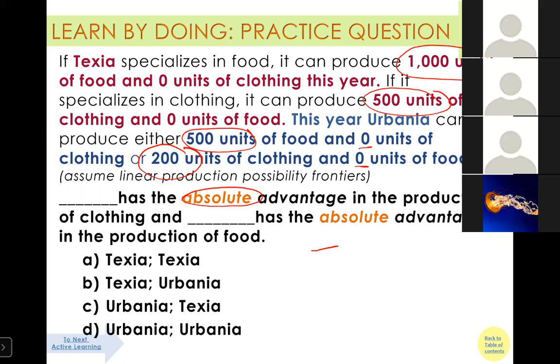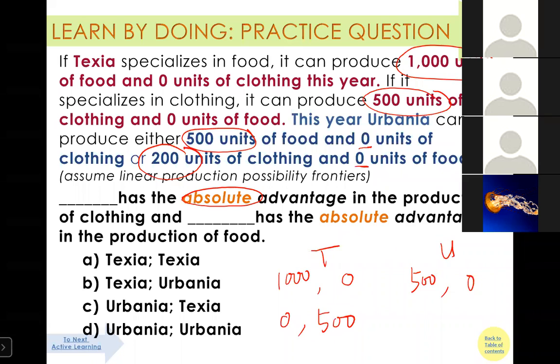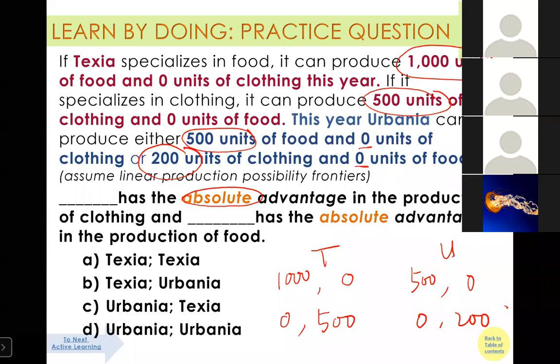Maybe we can write down T and U. Okay, so T produces 1,000 food or 0, and Urbania produces 500 or 0. On the other hand, Texia can produce 0 food and 500 clothing, and Urbania can produce 0 food or 200 clothing.